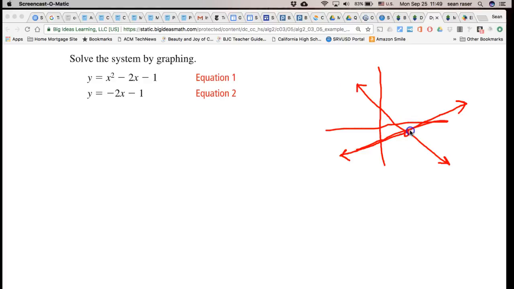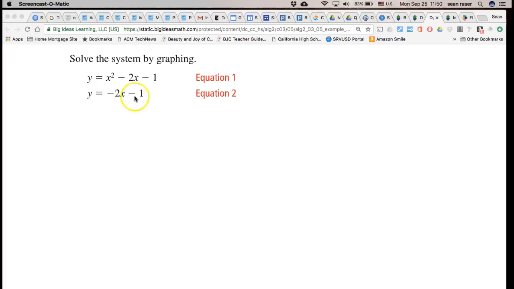You looked for this point right here, the point of intersection. And whatever the coordinates were at that point, that was your solution. So that's how you use graphing in linear systems. You graph both of your lines, and the point at which they intersect is your solution. That's the exact same process that we're going to do here with our graphs.